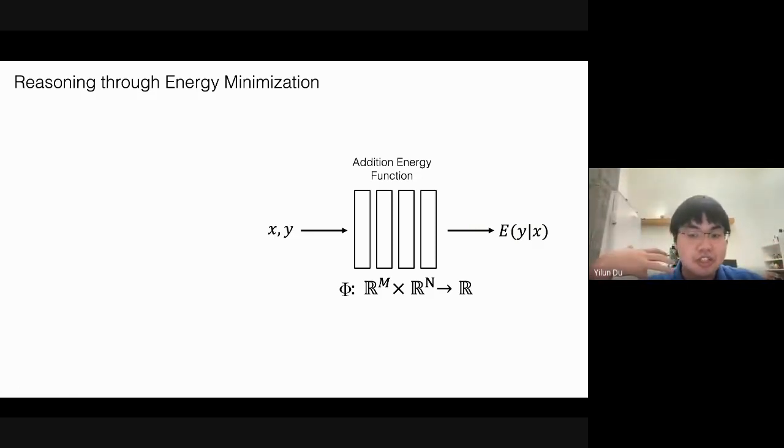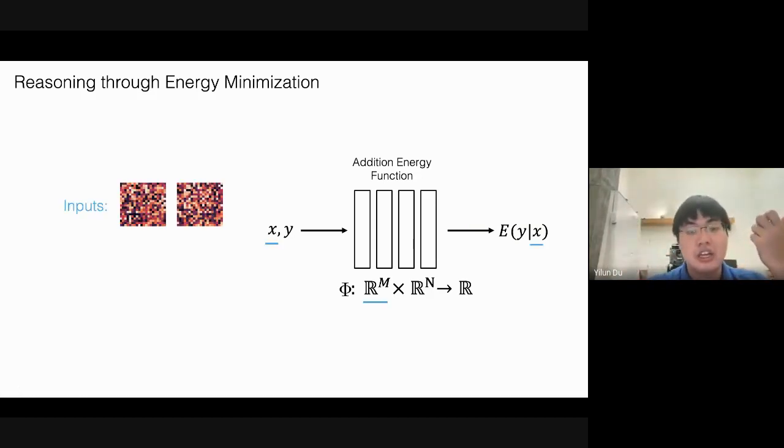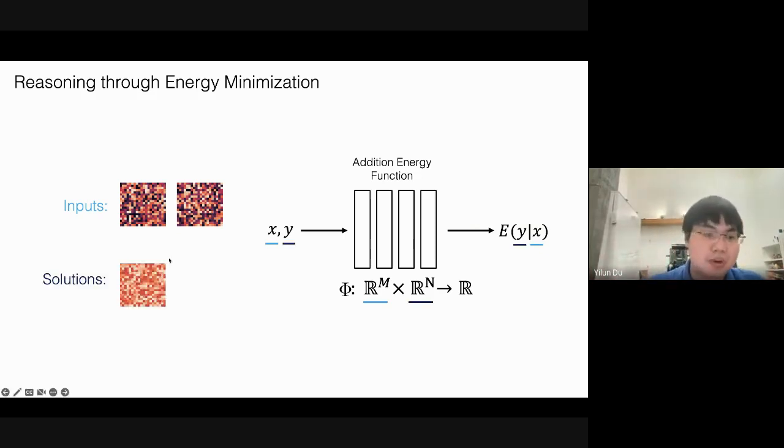What you do is you learn an energy function that takes in this input x as well as a possible solution y, and it outputs a single scalar energy value, where the energy is high if the solution is incorrect, and the energy is low if the solution is correct. So again, inputs x, and then the solution y. Here these inputs are 20 by 20 matrices. They're not super informative, but the idea is that each of these values indicates a value in the matrix. And like I said earlier, you basically have this energy function for high and low energies.